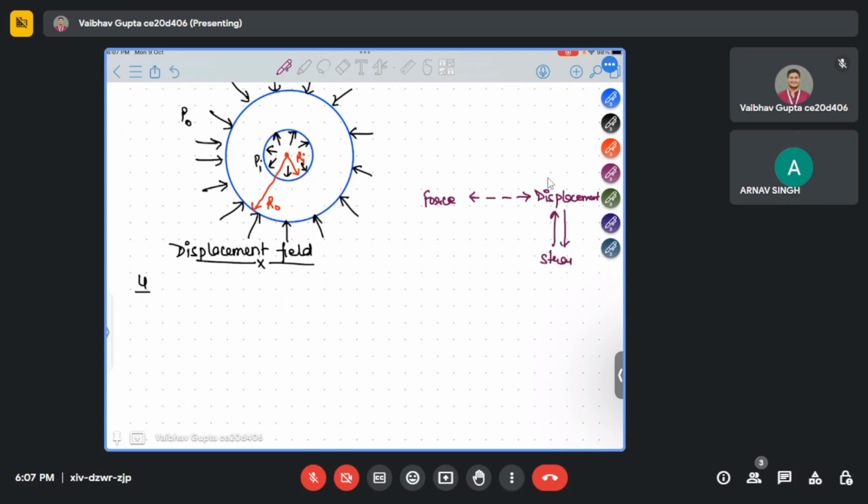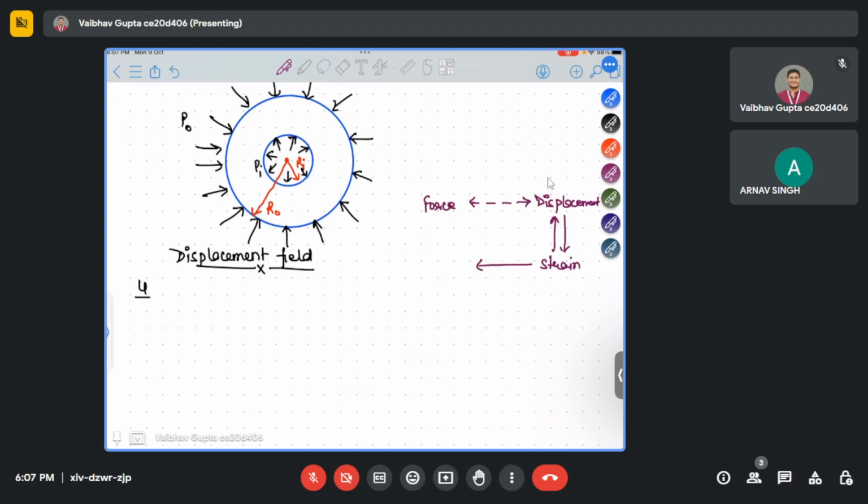Strain and stress. Now, if we are using the displacement field approach, first we'll go from displacement to strain. Then from strain we relate it to stress, and from stress we relate to force.